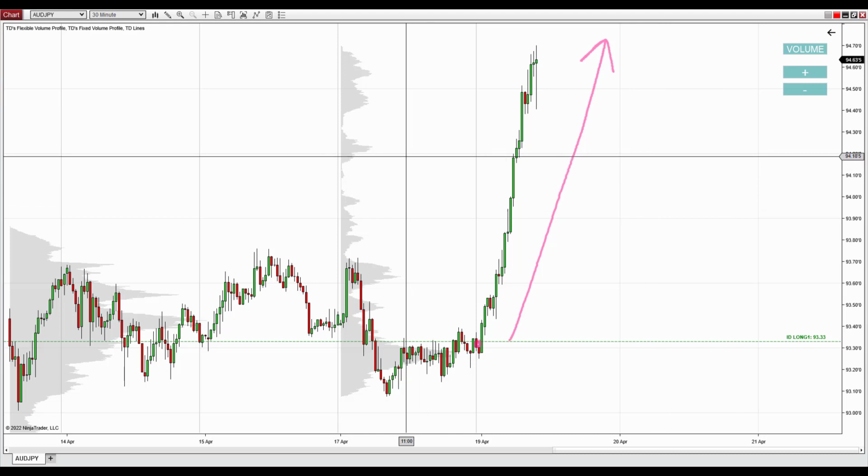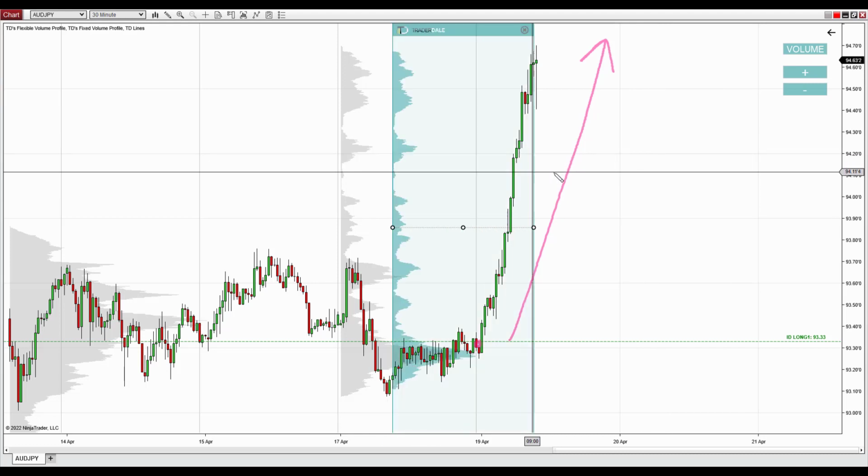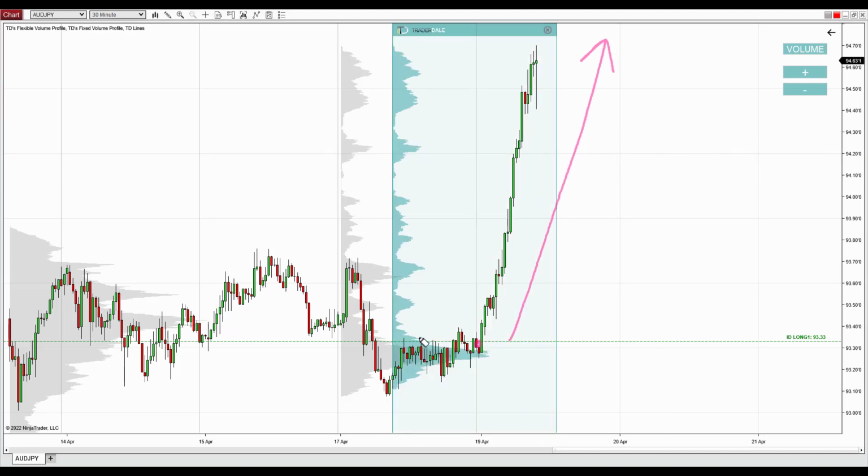What happened before this strong buying activity was that there were heavy volumes accumulated here. From this heavy volume accumulation zone, the strong buying activity started. So this is telling us that strong buyers were building up their long positions here, and afterwards they pushed and manipulated the price to shoot upwards.